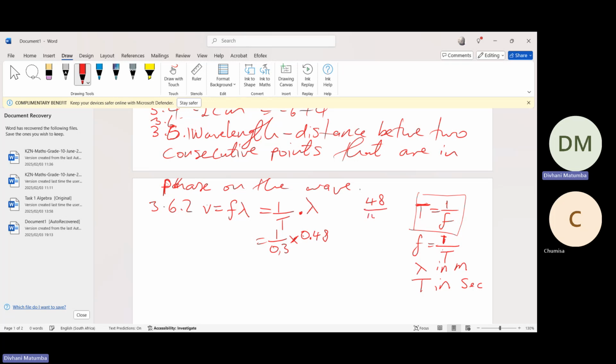We divide by 100. If you divide 48 by 100, it is 0.48, and we just take it and put it there. So if you use your calculator, you will get 1.6. What is the unit of speed?